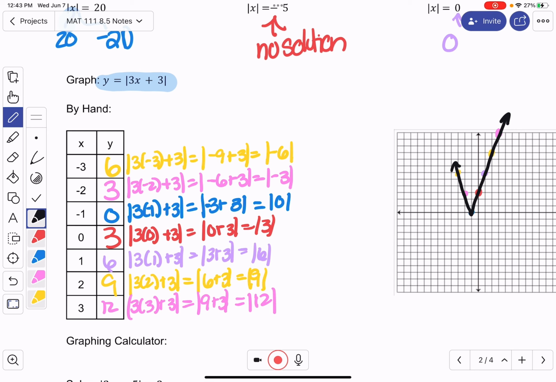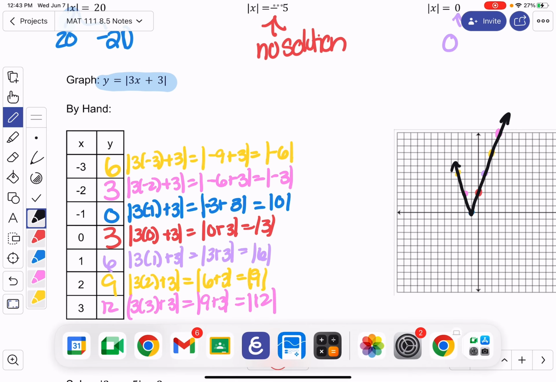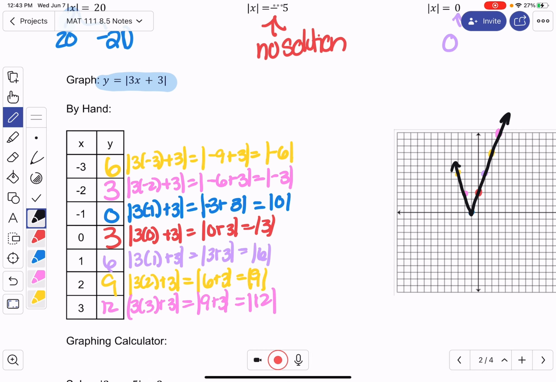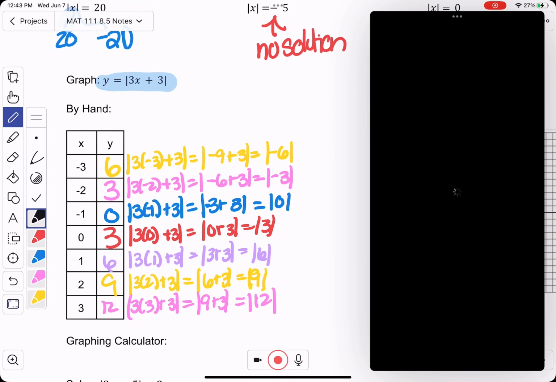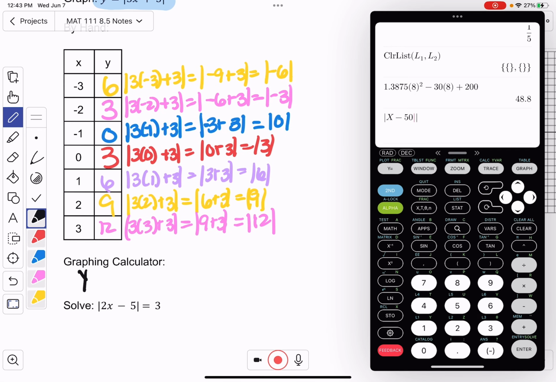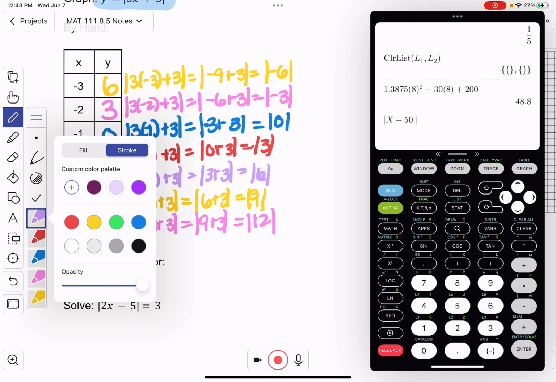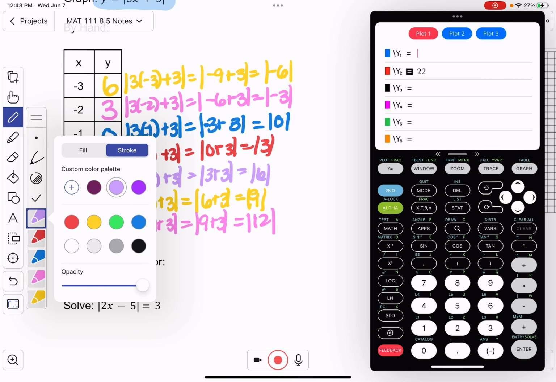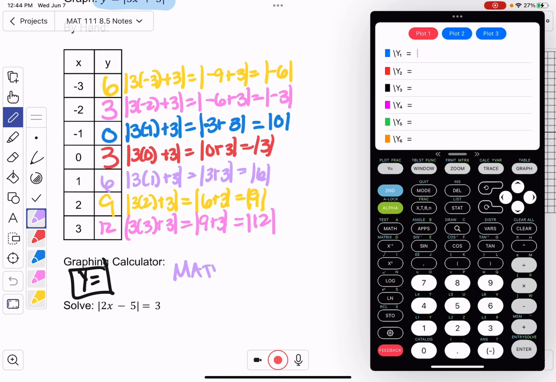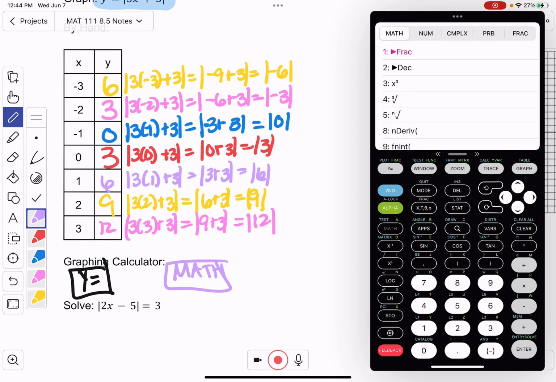We can do the same thing on our graphing calculator. To enter an absolute value graph on your graphing calculator, first you're going to go into the y equals menu, which is that top left button. Then to get the absolute value, you're going to hit math, which is right below the green alpha button, arrow over to num, and choose number 1, which is abs, or absolute value.